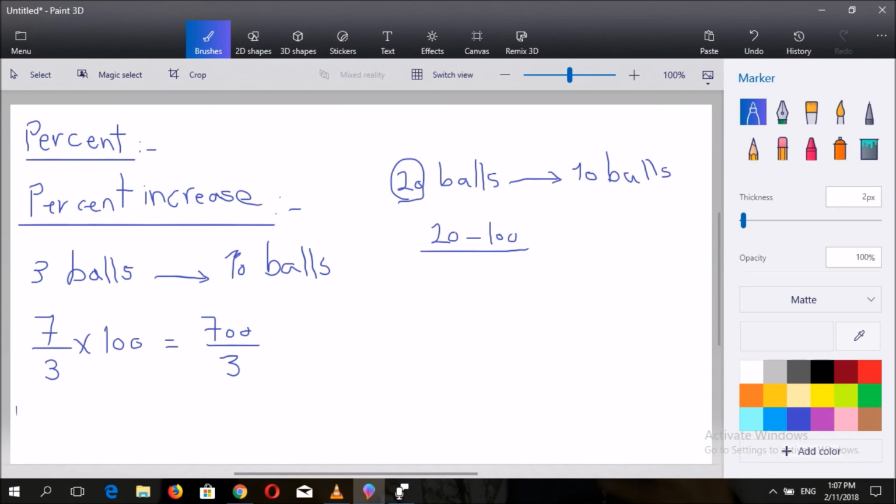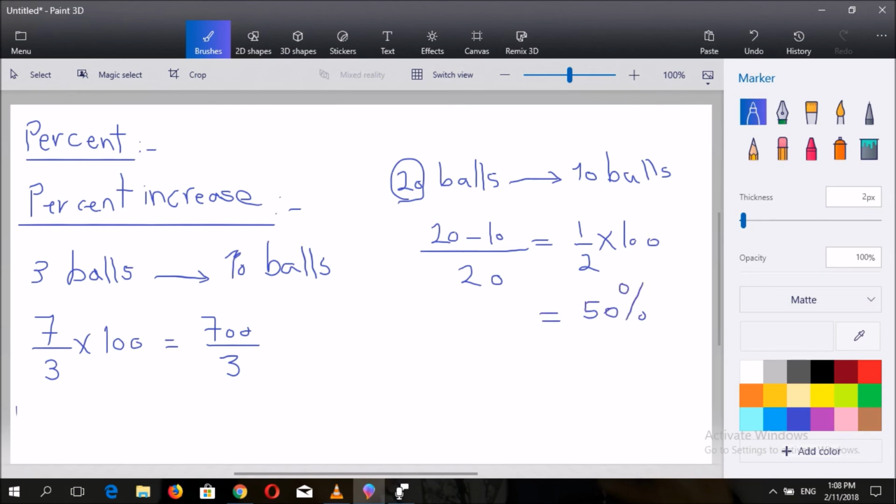In this case, I have to rewrite the percent in the form of a rational number, so 15 divided by 100, and this rational number should be multiplied by 30.